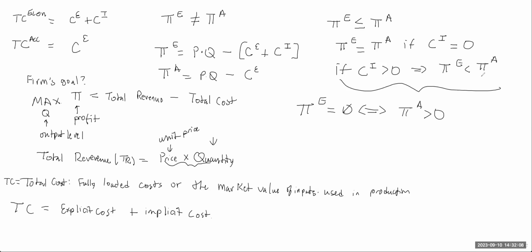So even though economic profit is equal to zero, accounting profit is still positive, and they will still make money. Okay. Now, maybe some of you are saying that this is a very difficult topic. So in order to explain this difficult topic, let me clear this a little bit.